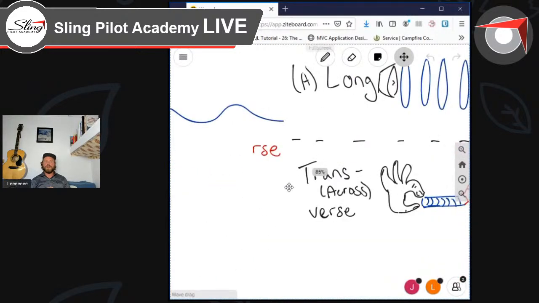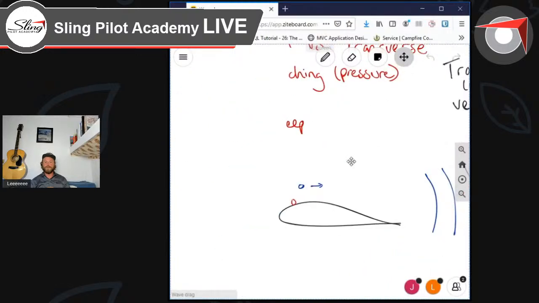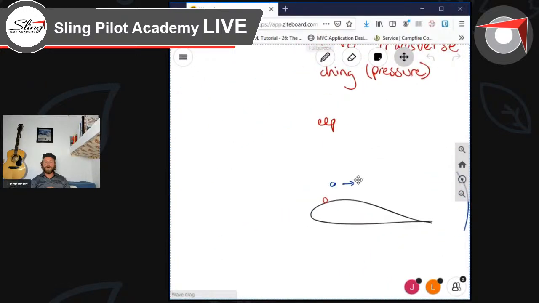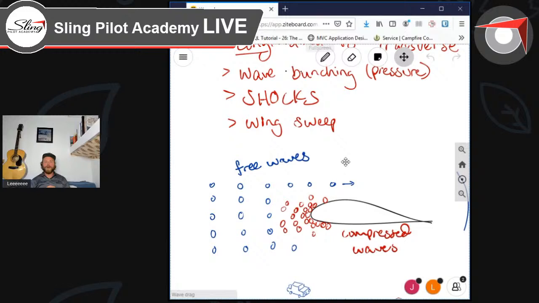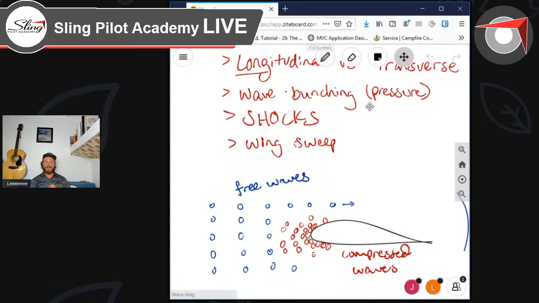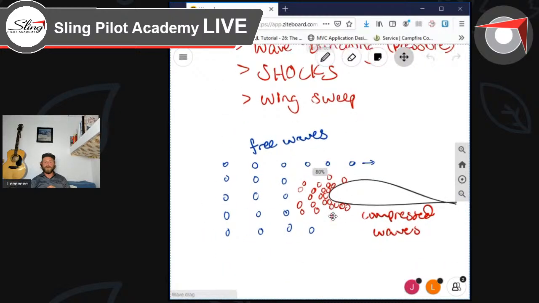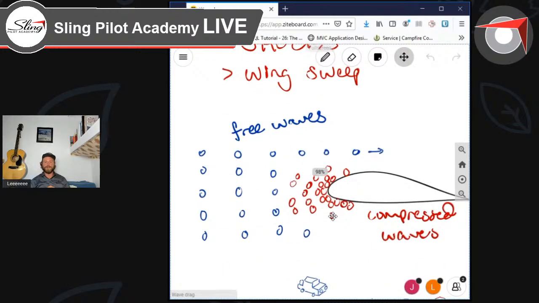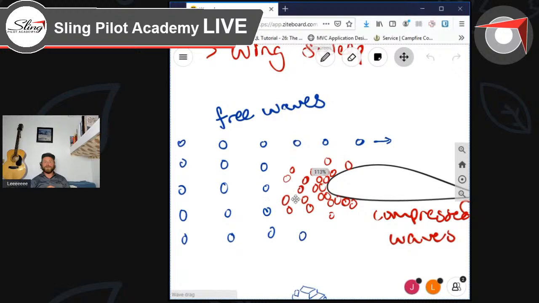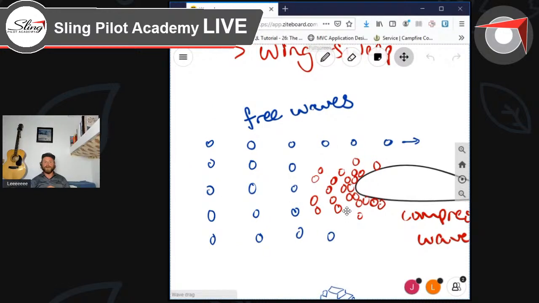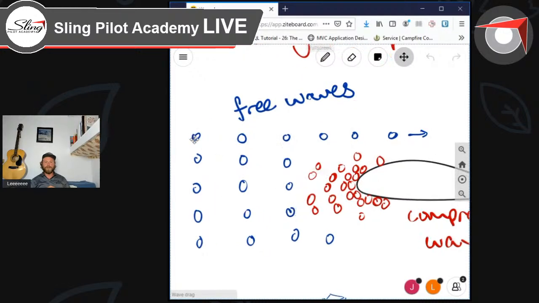So if we come down and start talking about wave bunching, which is our next topic, we're going to talk about how these waves bunch up. If we come down here to a little representation, we have these molecules traveling across, and the blue ones I like to call free waves because they're not being disrupted.